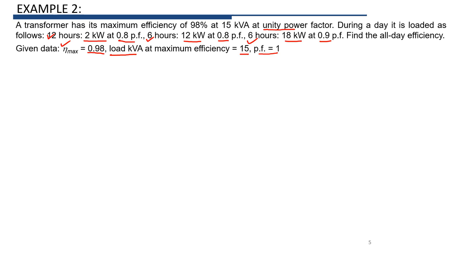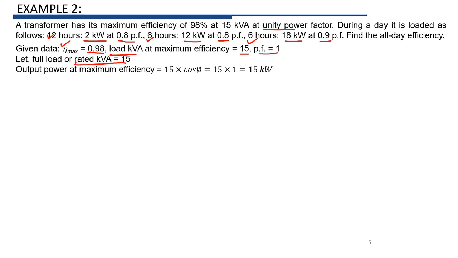Here let us assume that maximum efficiency occurs at full load, and therefore full load kVA is equal to 15. Full load or rated kVA is equal to 15. Now from this rated kVA and maximum efficiency, we can determine the iron loss and copper loss.